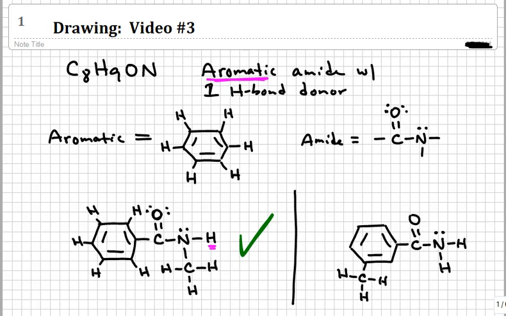Okay, and you could have put this carbon off any of the other 5 carbons you wanted to. Alright, so if you would have done this, would it have met the formula? Yes. Is it aromatic? Yes. Is it an amide? Yes. But does it have only one hydrogen bond donor? No, it's got 2. So, ladies and gentlemen, that's not going to get it. Okay?